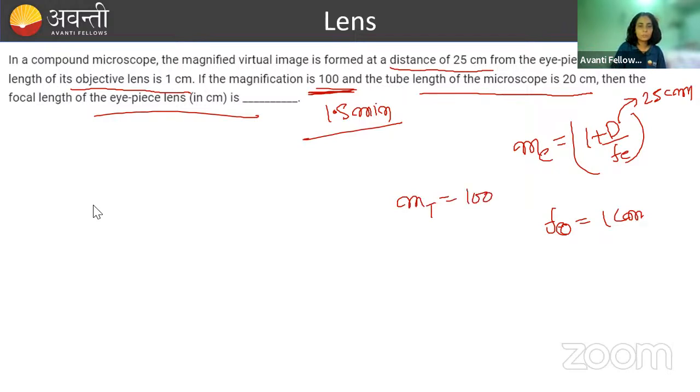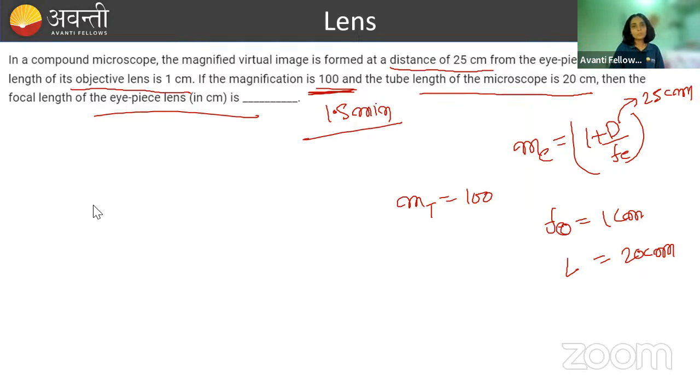And tube length is given, L is 20 centimeter. But nothing is said about where the object is kept, like at what distance from the objective, and it is also not said where the image by the objective is getting formed. So u naught and v naught are not known.